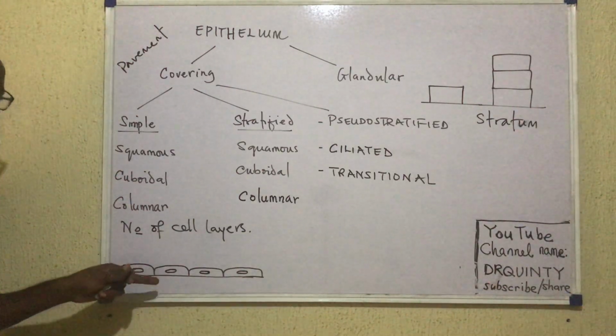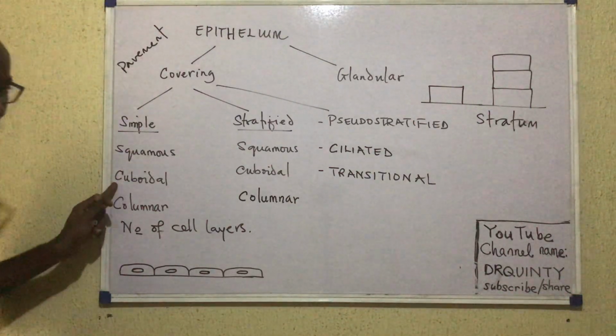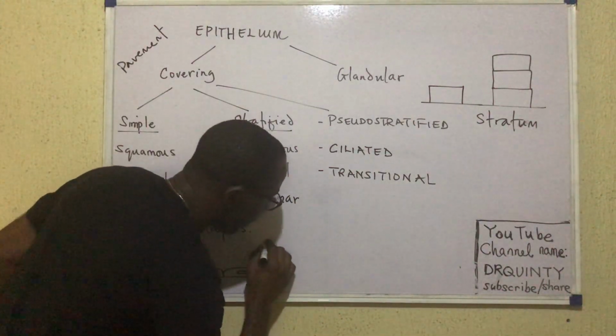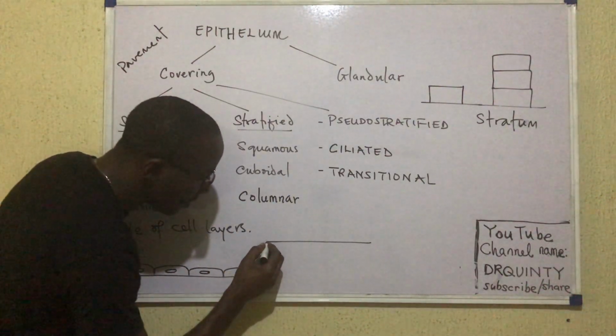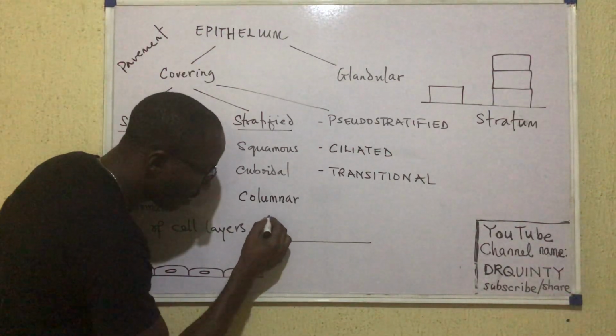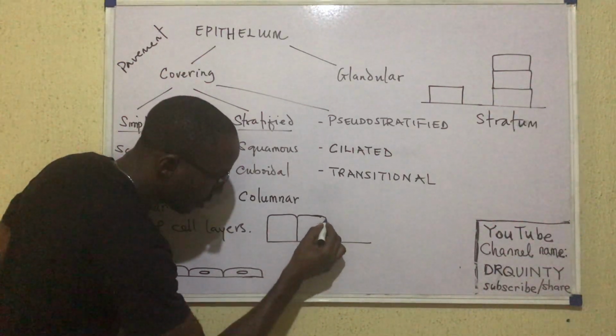And you would appreciate this more when you see diagrams of the others. So I'll show you what cuboidal is like. Cuboidal epithelium, this is the basement membrane again. And then this time, see the epithelial cells. They are just like this.